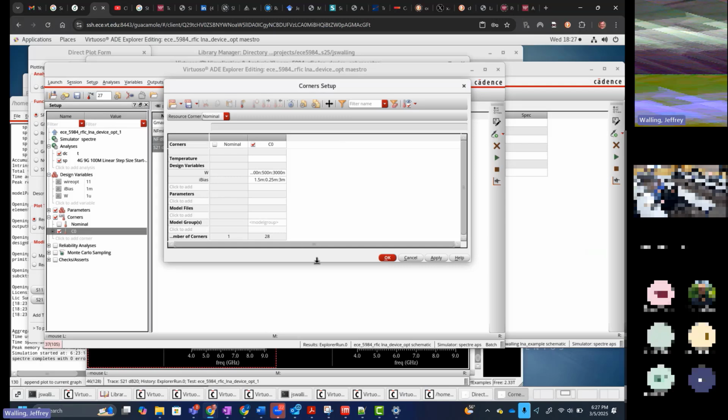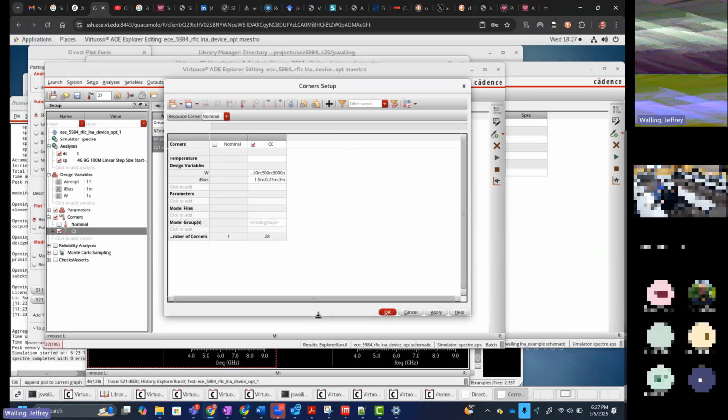Okay, there we go. In this example, I'm trying to show you how to find the current density. So we're going to sweep the width of the device and the current going through the device, and we'll find the combination of current and width that give us the lowest noise performance.